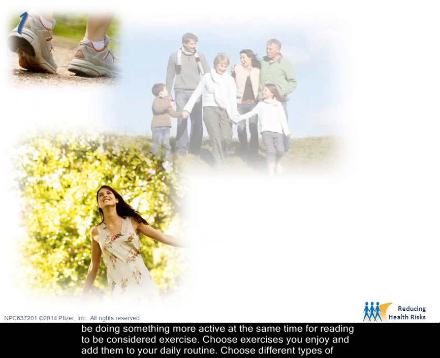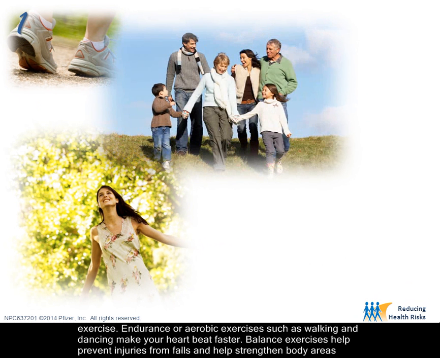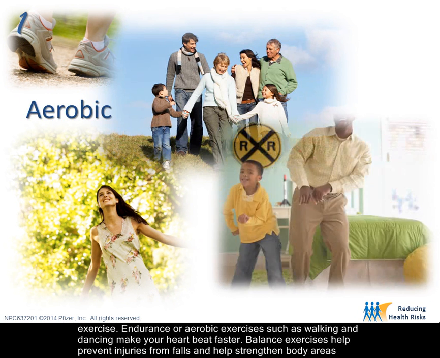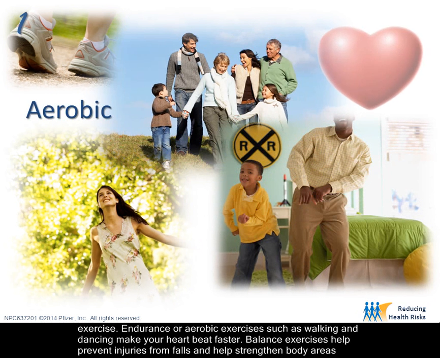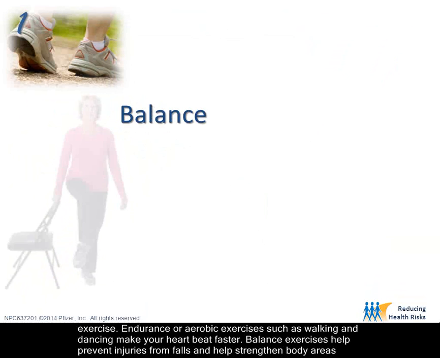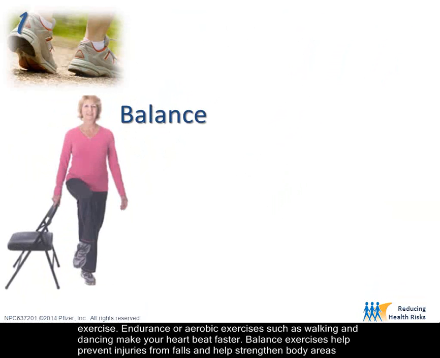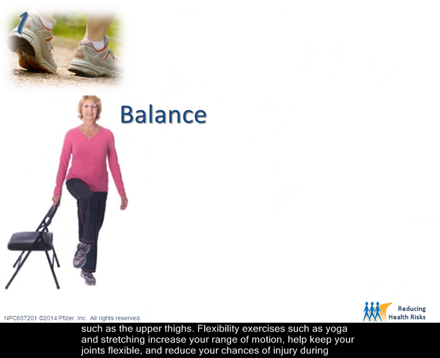Choose different types of exercise. Endurance or aerobic exercises, such as walking and dancing, make your heart beat faster. Balance exercises help prevent injuries from falls and help strengthen body areas such as the upper thighs.